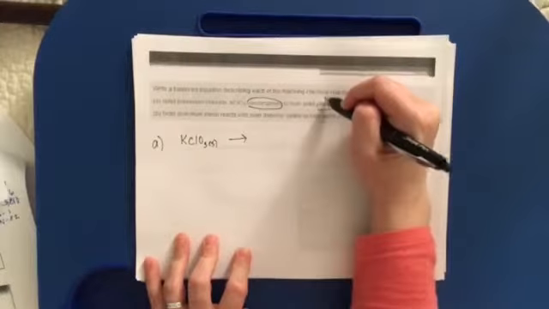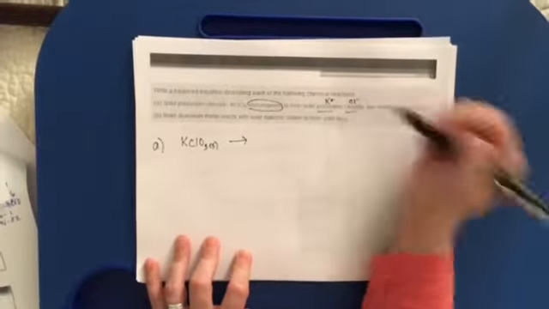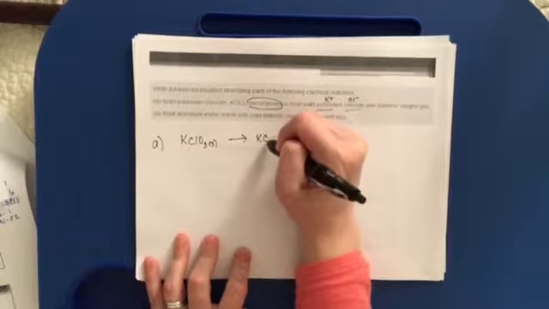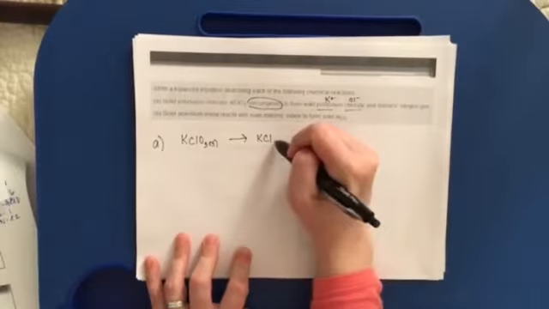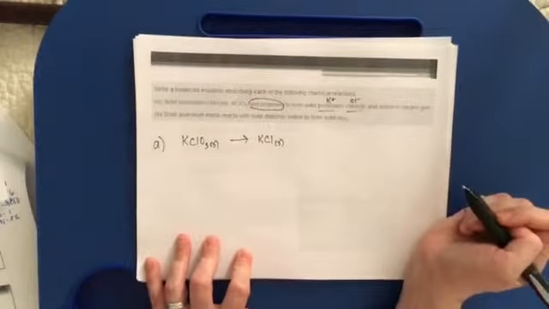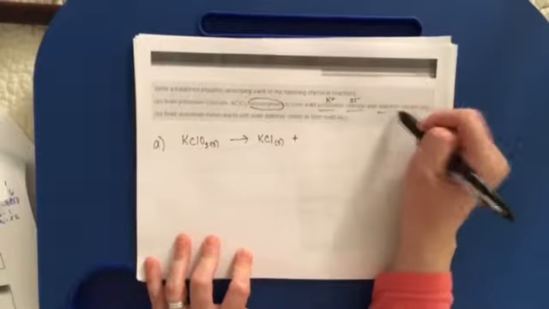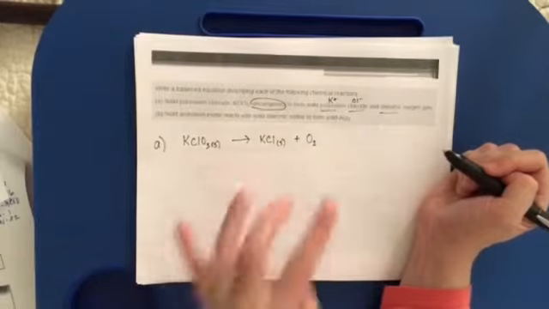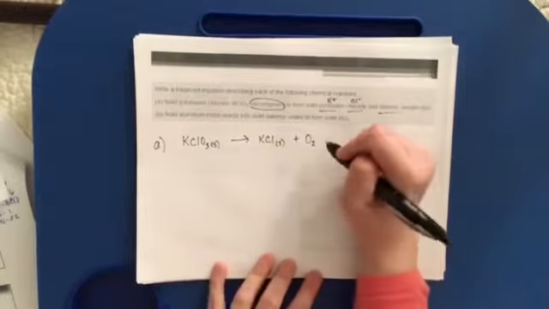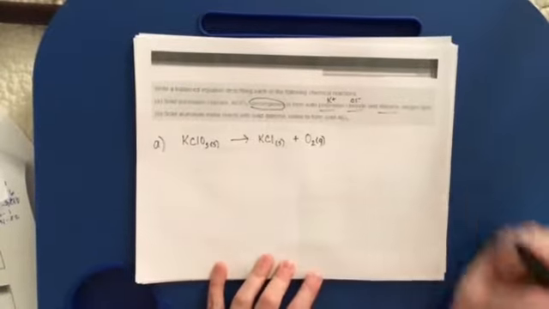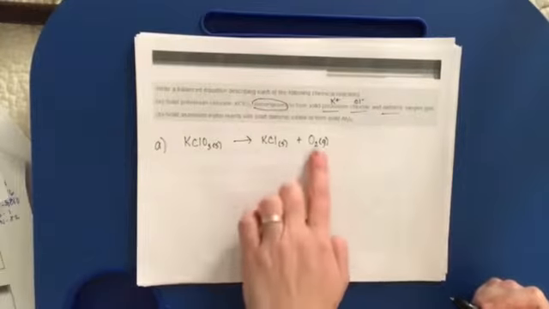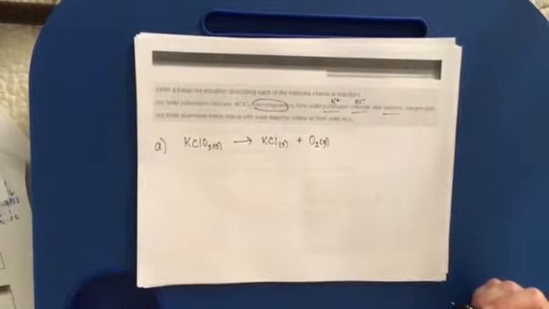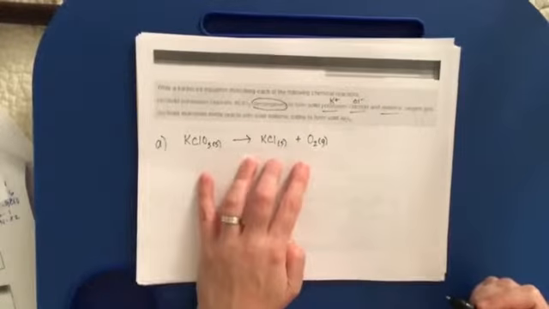So potassium, that's K plus and Cl minus. So we've got KCl, and that is a solid. And diatomic oxygen gas. So just like before, I said that oxygen exists as O2, and so it's diatomic oxygen gas. It exists as a unit of 2 oxygens together. Okay, so here is the equation.